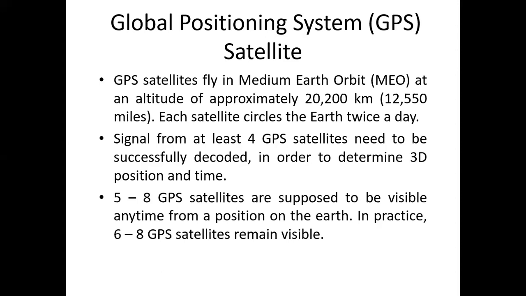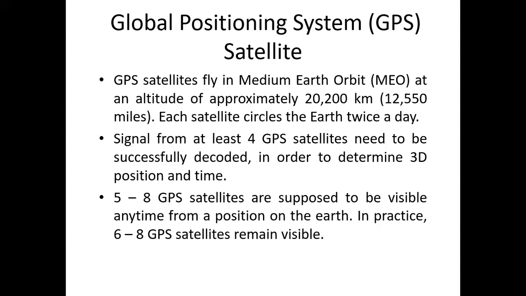So in 3D space, to determine your position, you need to know the distance from three known positions. Then you should be able to solve the equation. It's easy to solve, and you can get your own position, right? So that's how it works. But you actually have a fourth unknown in your equation, and that's time.